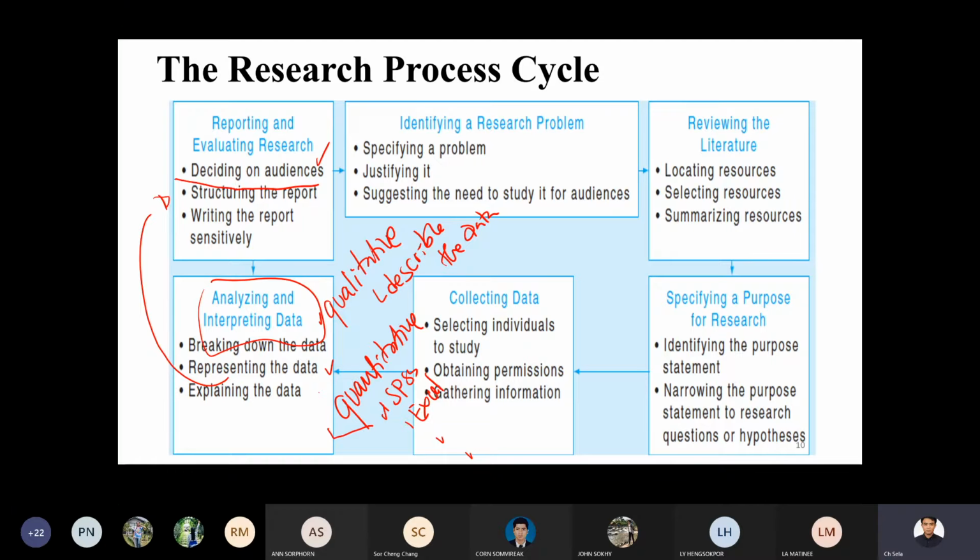Deciding on the audience here may be referred to as what we call implication. Implication is similar to the significance of the study, but the significance of the study is written in chapter 1, and deciding on the audience is written in chapter 5.